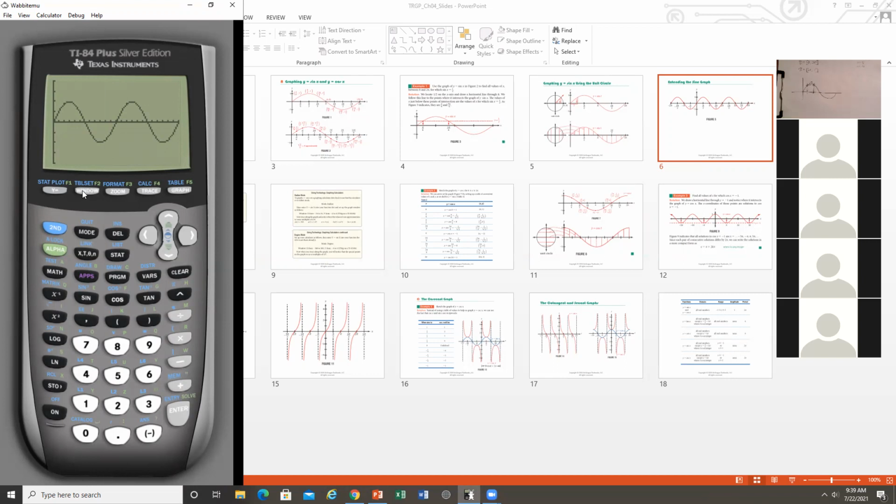Or to graph 4 periods of our sine x function, we can have our x-axis go from -4 pi to +4 pi. This will graph 4 cycles of the sine x function. Now you can see the graph of 4 cycles or 4 periods of y equals sine x. See how that works there?